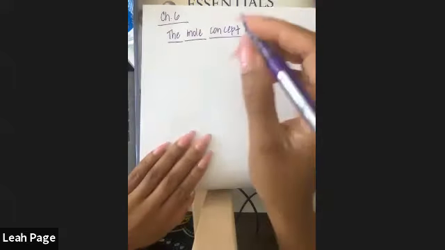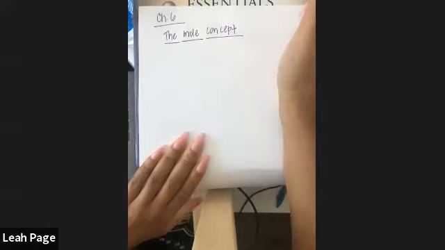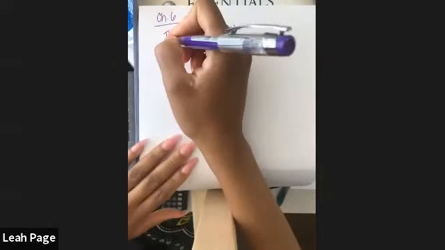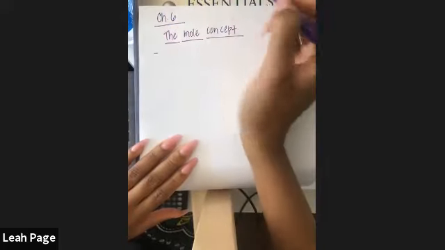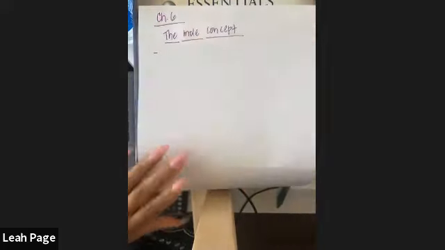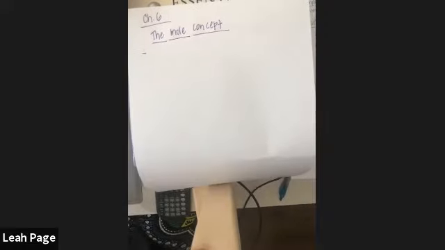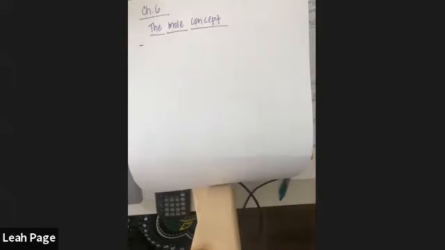Okay, cool. All right, so when we talk about the mole concept, all the mole concept tells us is that we have these really tiny particles. And when we talk about these particles, we group them because they're so tiny, we can't see the particles.